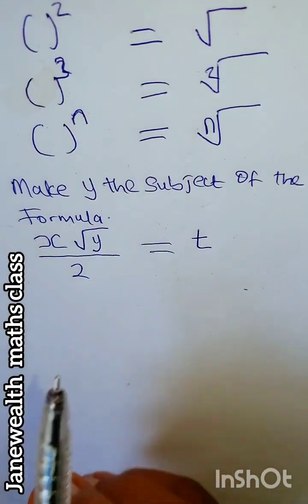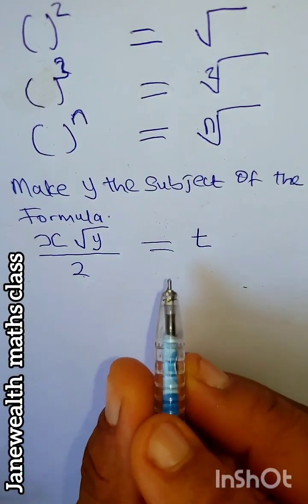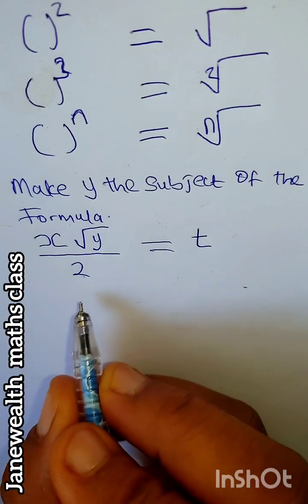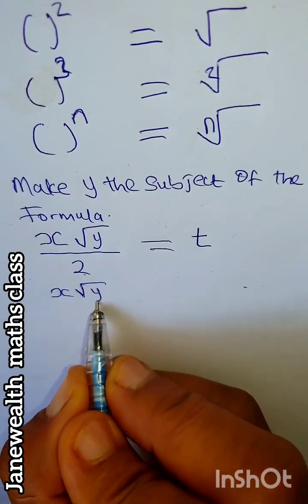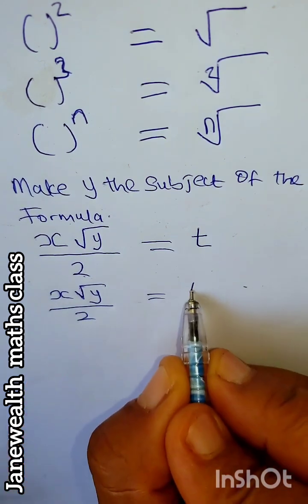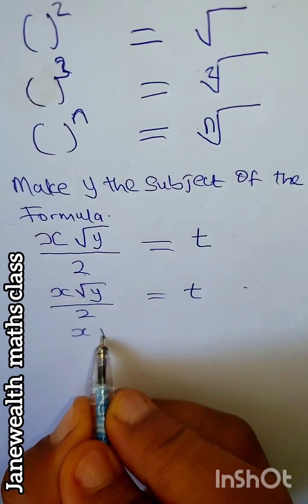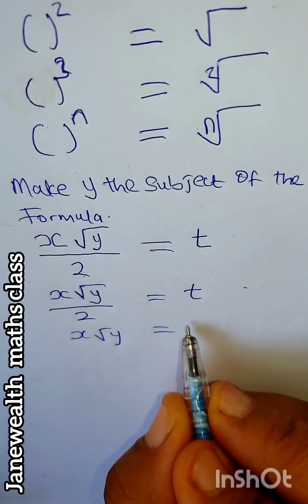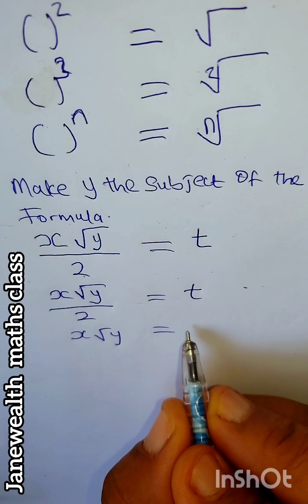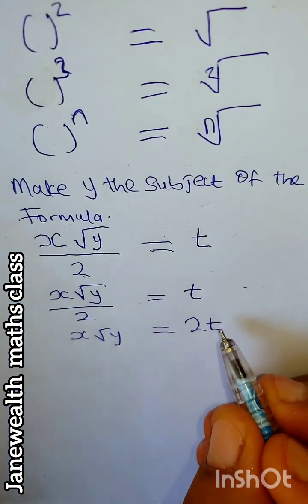Based on the tips I gave you initially, 2 is dividing, so when it goes to the other side, it will be times. So x root y over 2 equals t becomes x root y equals 2 times t, which is 2t.